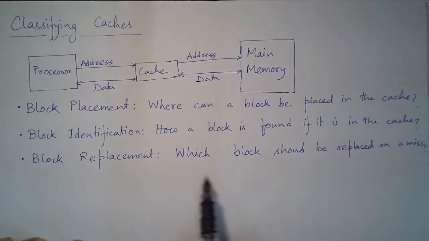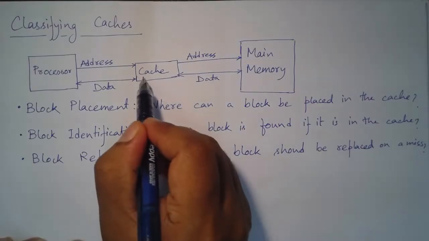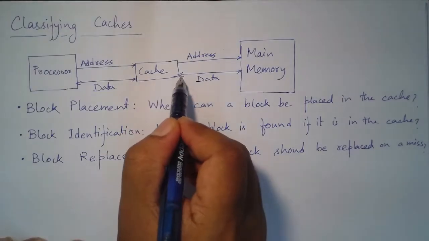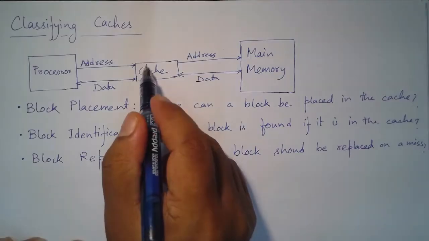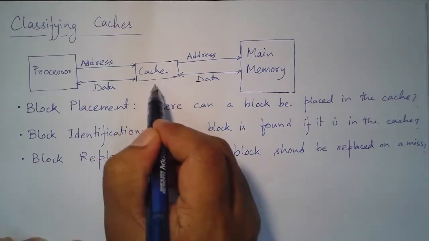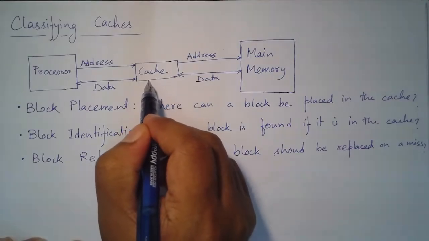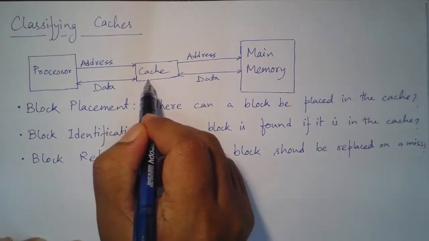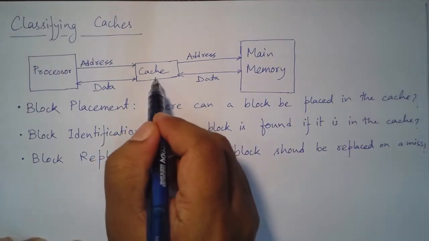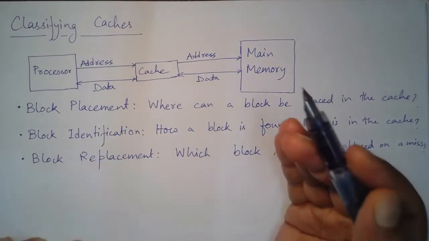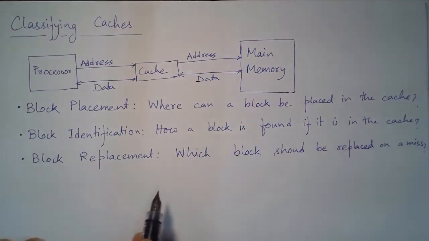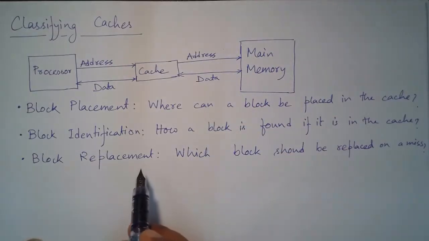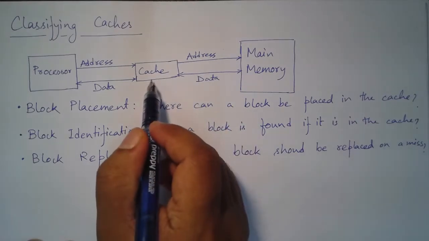That answer will provide us different types of caches. For example, you can choose to randomly get rid of an existing block. That can be one classification. You can select some other ways. For example, if the block has not been used for a very long time, then you can choose to replace that block and bring the new data there.